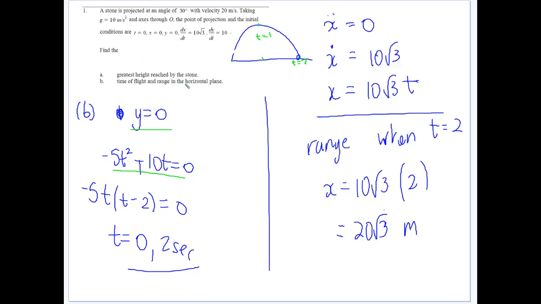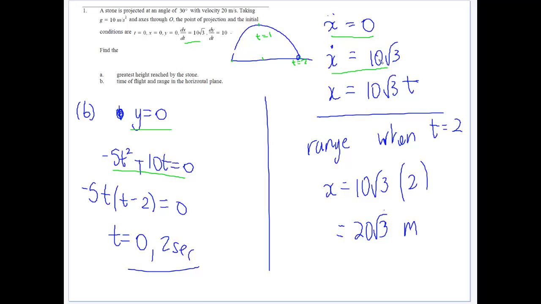Now, we want our range of flight in the horizontal plane. So how far did it travel horizontally? Well, we need our position statement for that. So we know the second derivative of the position, which was the acceleration happening horizontally, was 0. Integrate that, and we just get a constant, because 0 integrates to a constant. But our velocity horizontally was always 10 root 3.